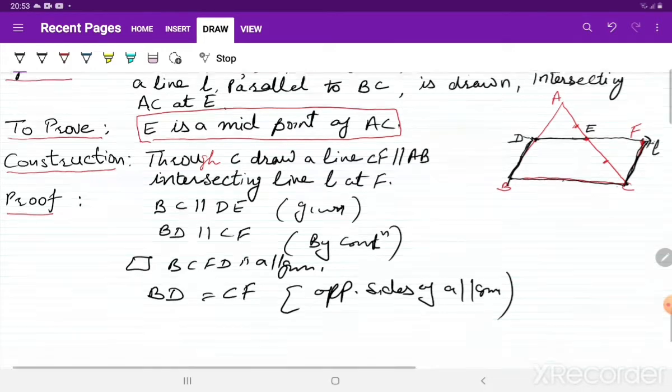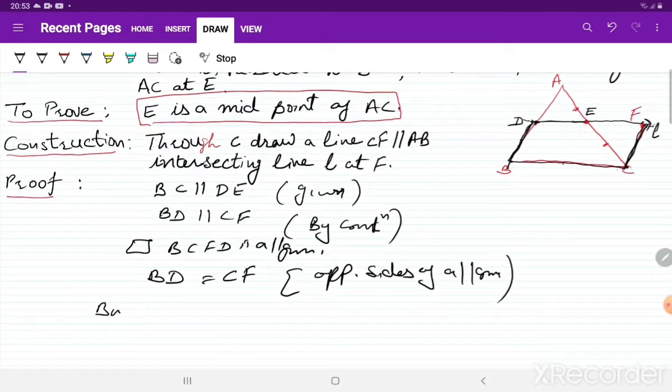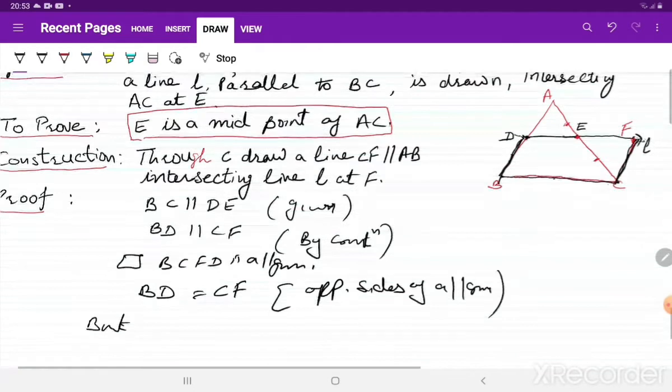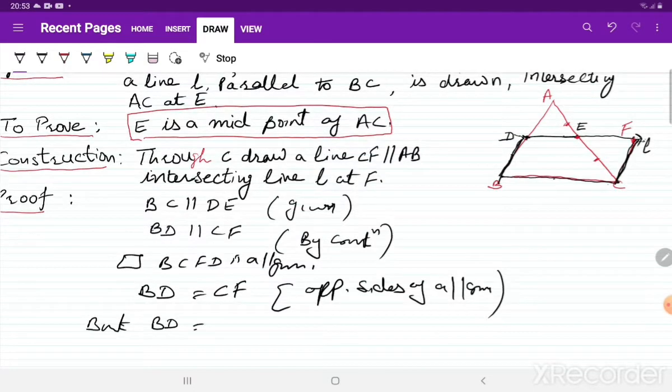But we know that we have BD is equal to AD. Why is BD equal to AD? Here BD is equal to AD because this is given.